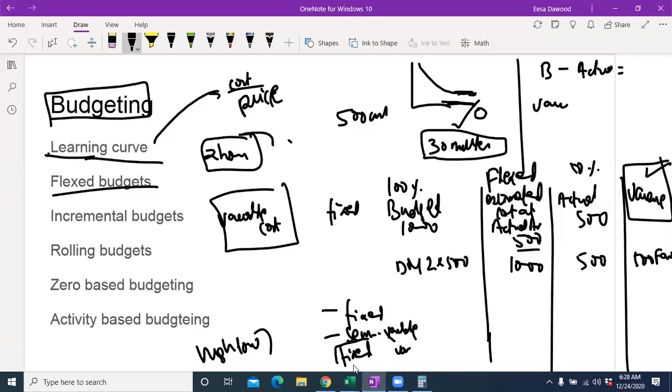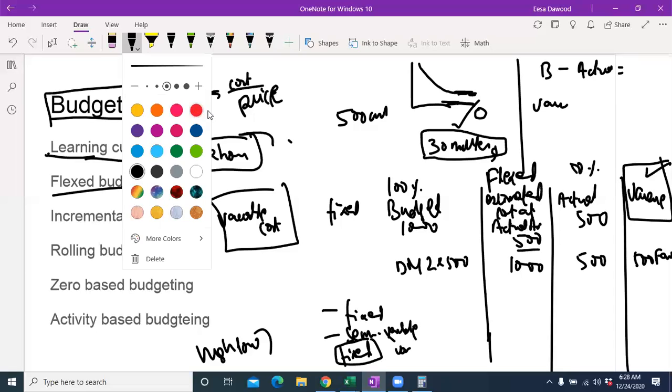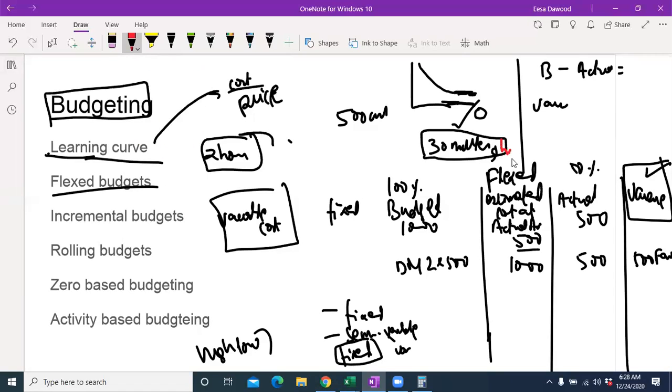But if it's mentioned that after a certain activity level there is an increase in the fixed cost, then when you will be setting a standard of what the cost should have been, variance is basically what it should take versus what it did take.